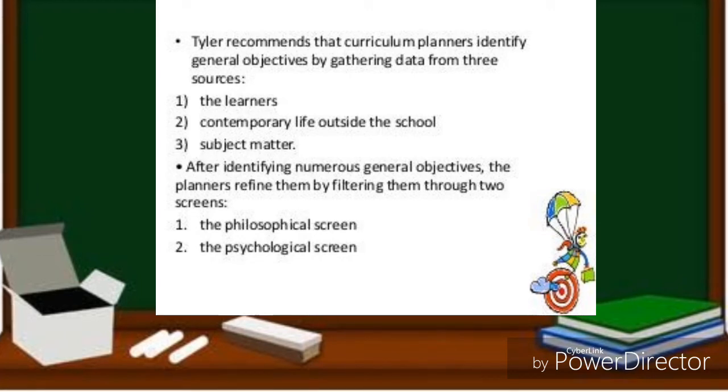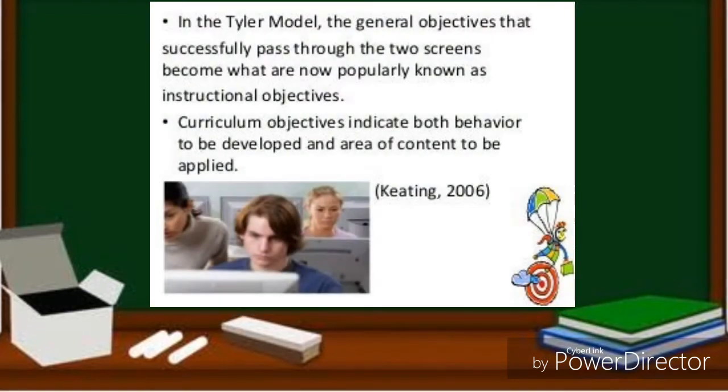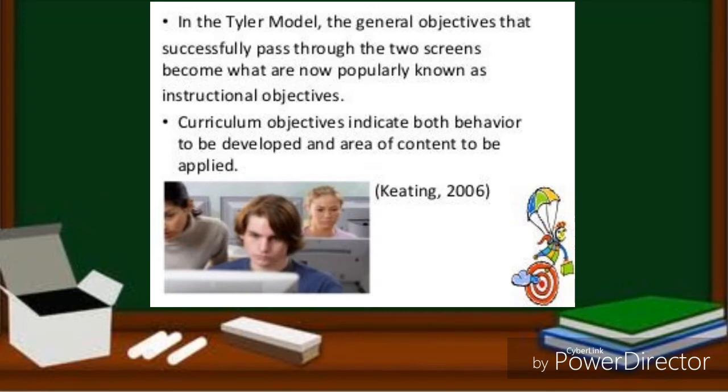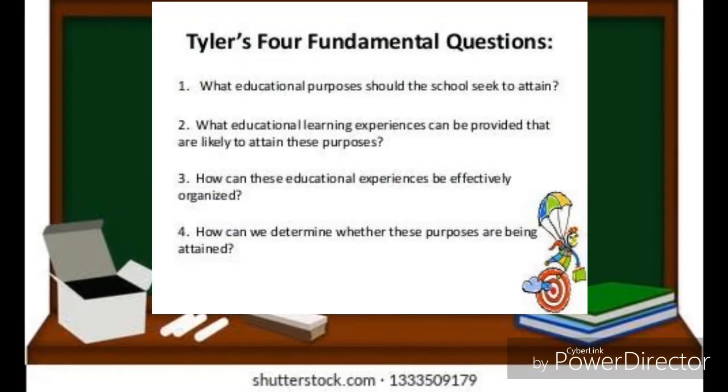First, the philosophical screen; second, the psychological screen. In the Tyler model, the general objectives that successfully pass through the two screens become what are now popularly known as instructional objectives. Curriculum objectives indicate both the behavior to be developed and the area of content to be applied.